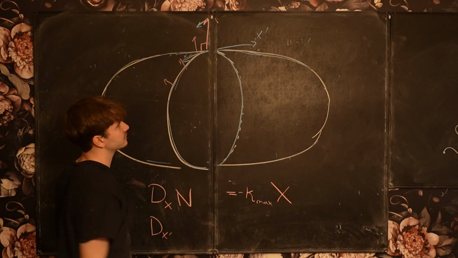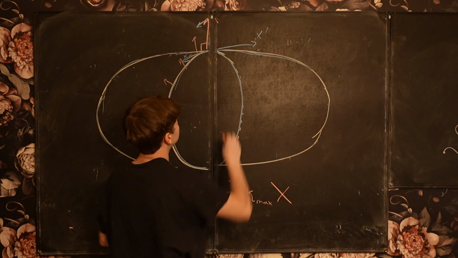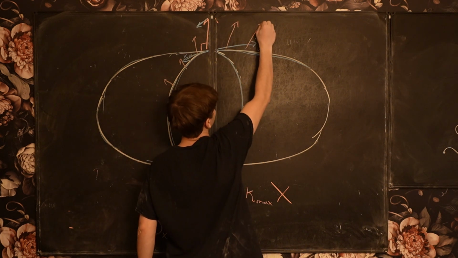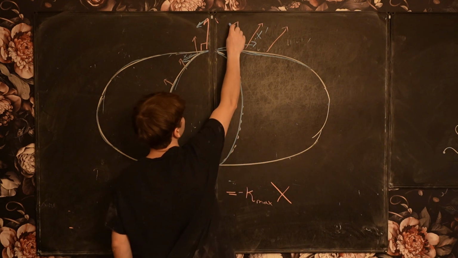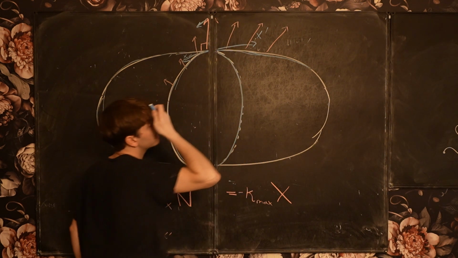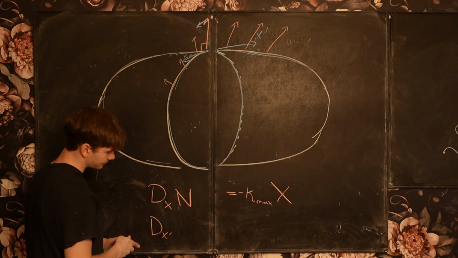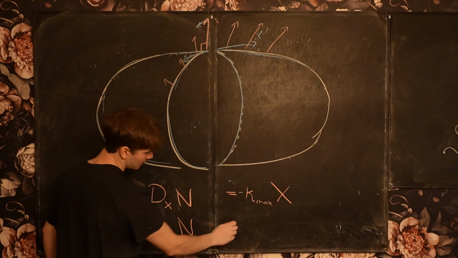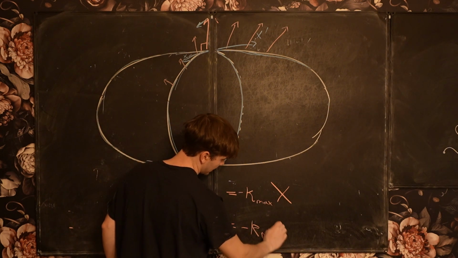So if I go along the surface in this direction, then the normal vector is also still just changing in the direction of x prime, okay? So the normal vector is changing in the direction of x prime. So d_x prime of n is equal to negative k min x.